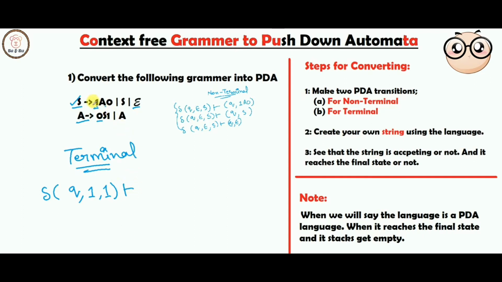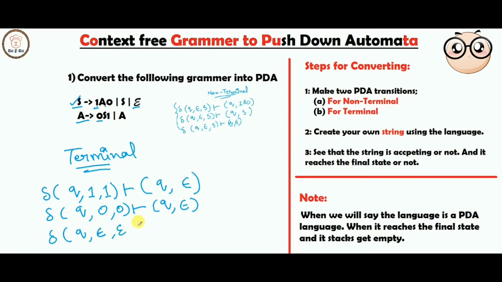Note down, for every terminal value you will get an empty stack. For 1 you get q epsilon, for 0 you get again q epsilon, and for epsilon you get again the empty stack. So note down, for each and every terminal value you will get an empty stack. We got the terminals also.